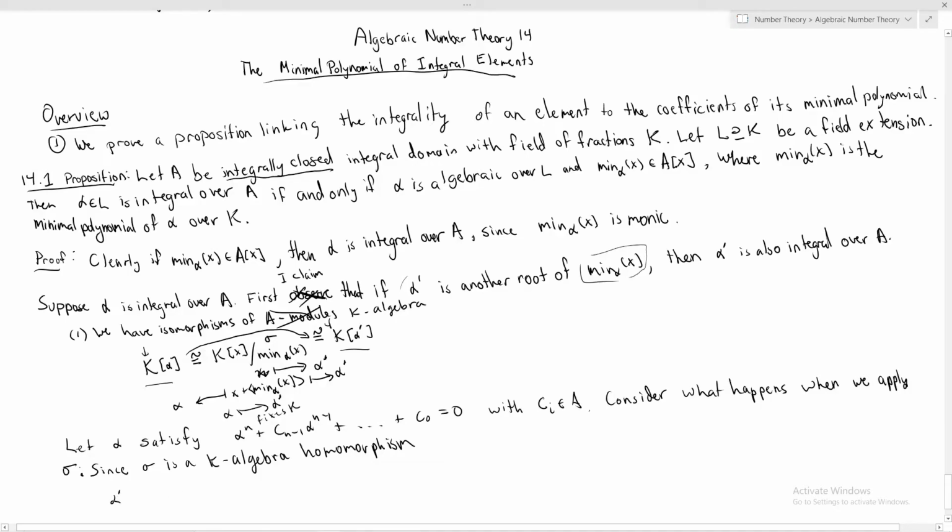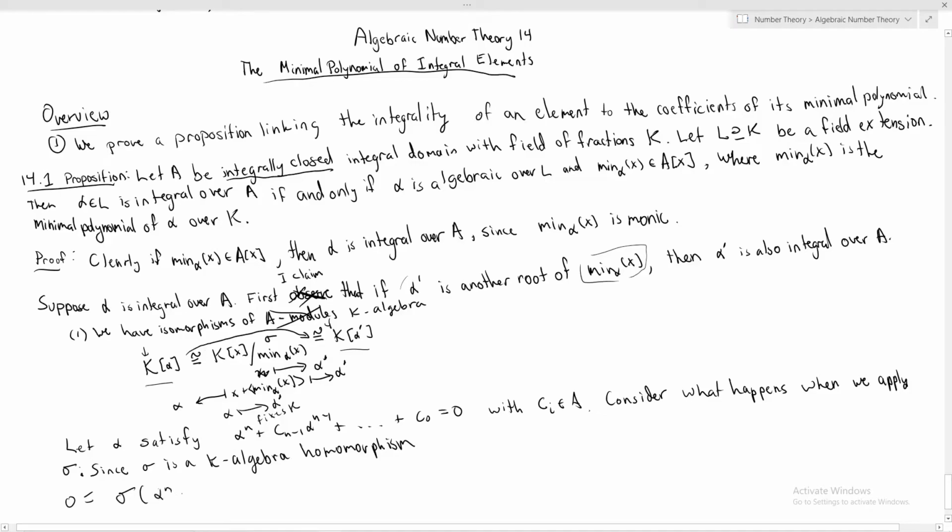Since sigma is a K algebra homomorphism, let me do this more carefully. Sigma of the whole thing is going to be 0, since it's 0 on the left, and sigma of 0 is 0.